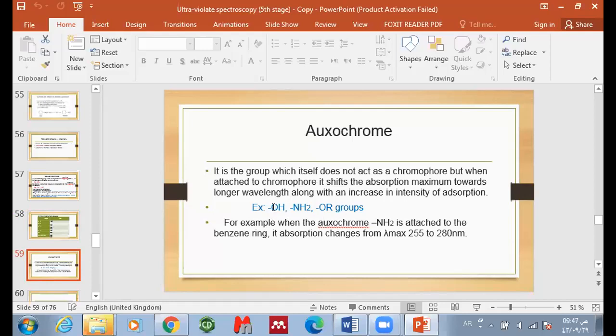So when these groups are present in some molecules, they don't give any color if they are found alone without another chromophore. So they are dependent chromophores. And when they exist with another chromophore, they will lead to intensifying or deepening the color of the molecule or the chromogen.